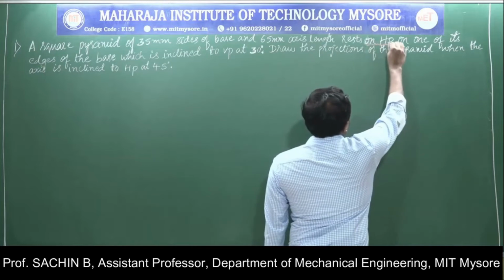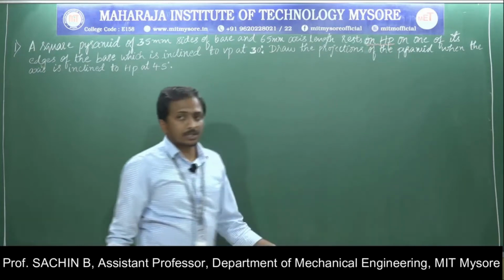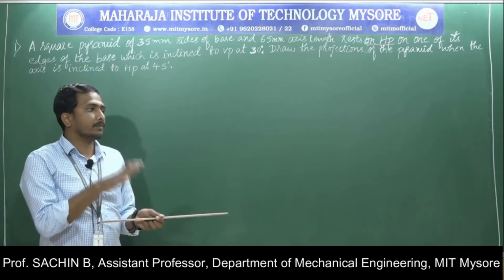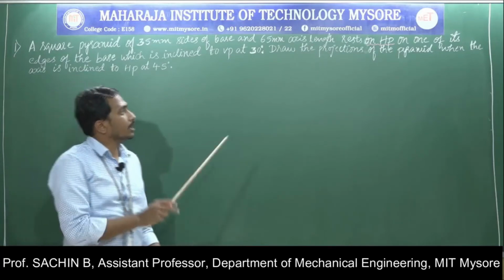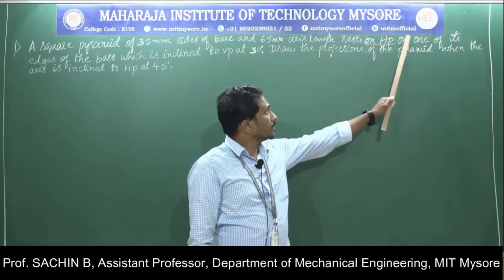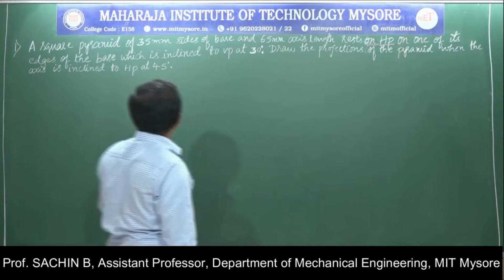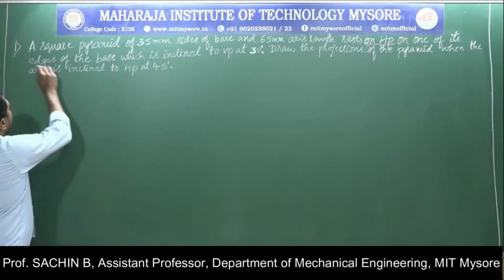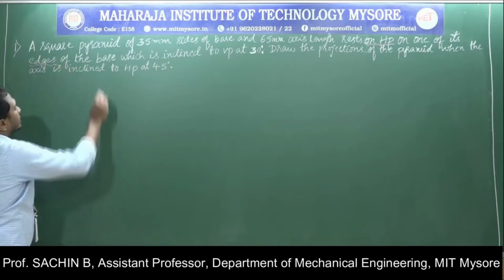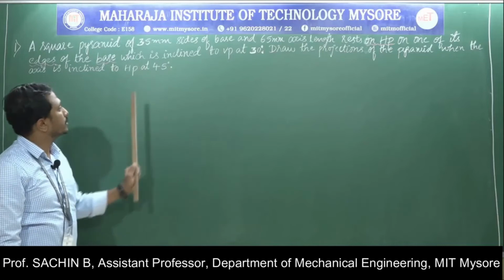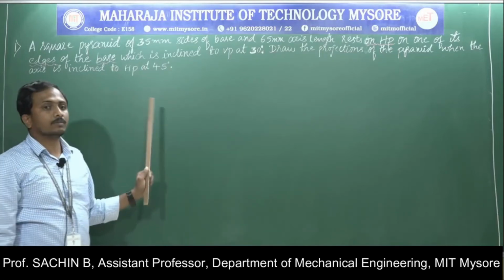You should underline this: it is resting on HP, the horizontal plane, meaning the square pyramid is completely resting on HP. Next I will continue with the next sentence: on one of its edges of the base. Here they have clearly mentioned it is resting on an edge of the base. This should be underlined because these things are very important to solve the problem.